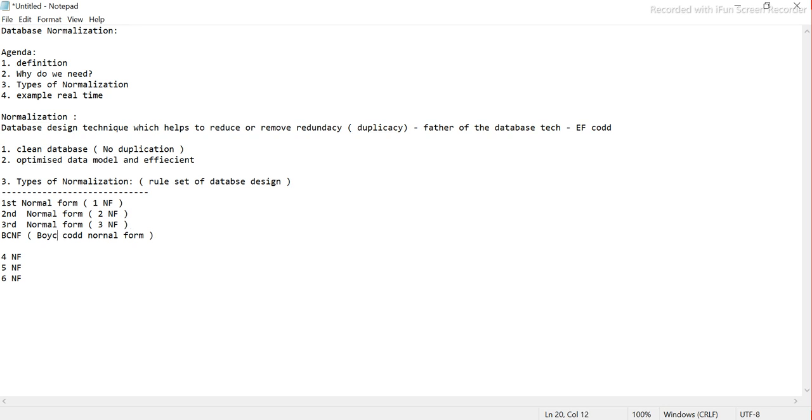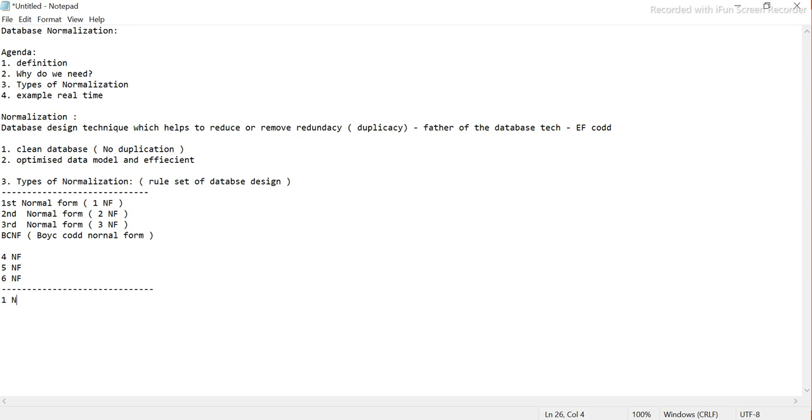BCNF is good enough. So we will try to understand 1NF, 2NF, 3NF and BCNF in this scope. First we will understand a little about each of these normal forms, and then go to practical examples.